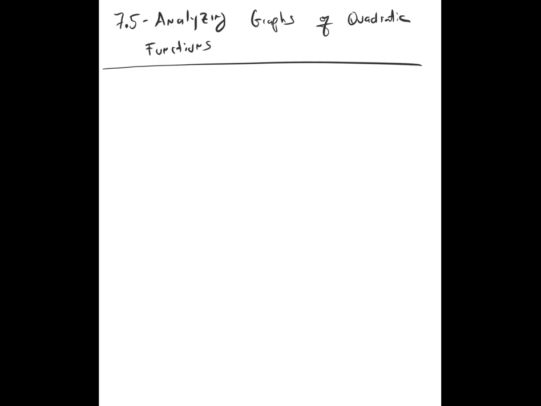Right, so when we look at a quadratic function, let's just say this example of x squared, this is a quadratic function. One thing that you should understand, and this is one thing that we really try pushing in this course, is that you can always graph anything by a table.